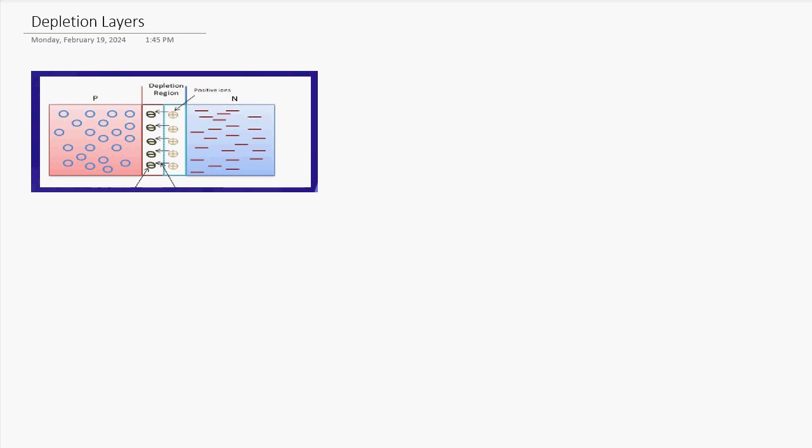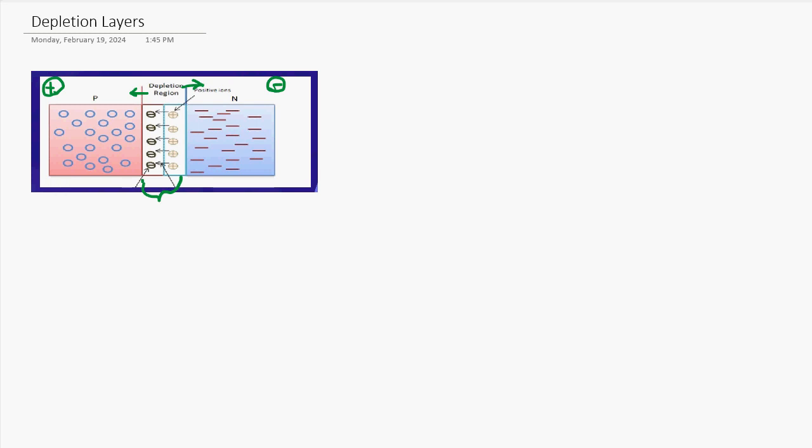Depletion layer is, okay, when you add the plus and minus for this p-n junction, what happens is the carriers move: all the n-type carriers move this way and p-type carriers move this way. In the middle there is a depletion layer, so there's no carrier.